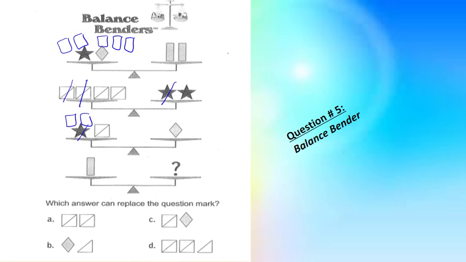Now each 5 squares is equal to 2 rectangles. What do we do? Yes, if we divide this side by 2 and this side by 2, each rectangle is equal to 2 squares and a half. So which one? Choice D is the correct one.